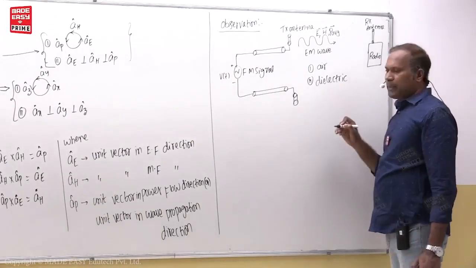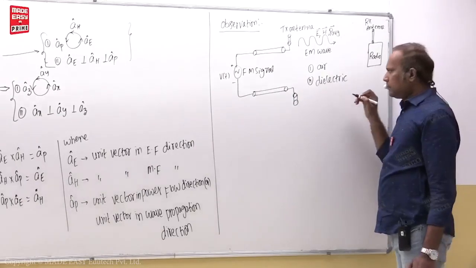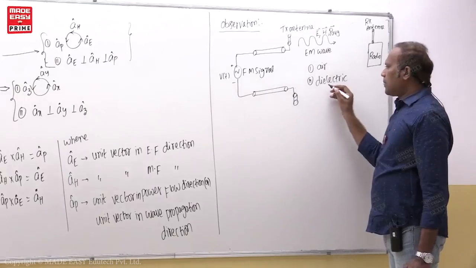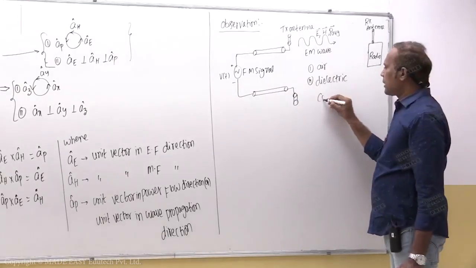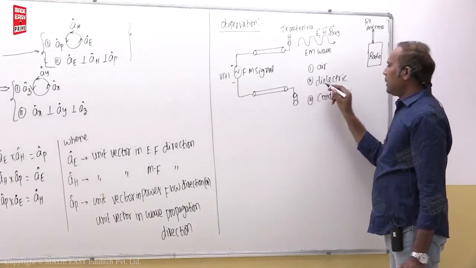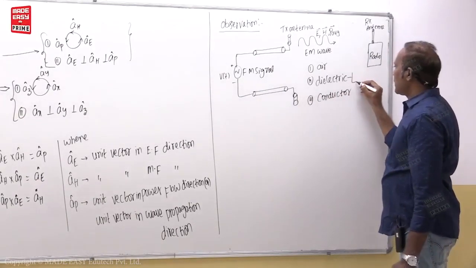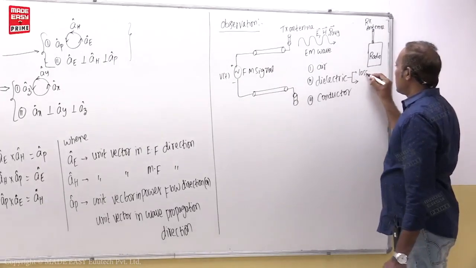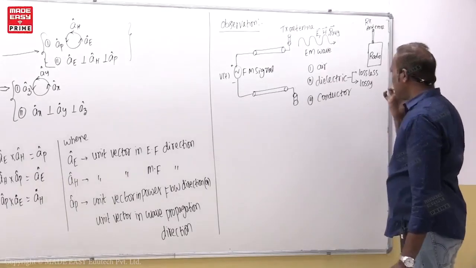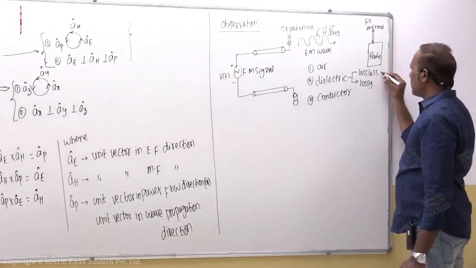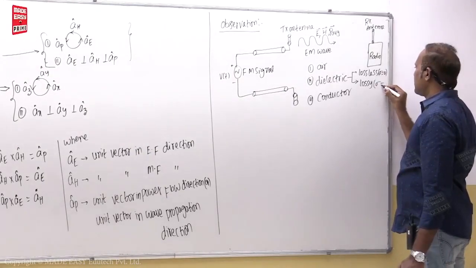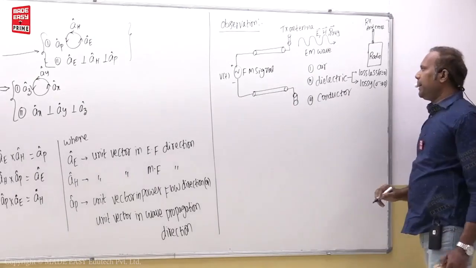If sigma is present, that means conductivity is present, that is called lossy dielectric. And conductors also present, so conductor medium. So different types of mediums are present, conductor. And dielectric, it has two types, lossy dielectric and lossless. Lossless dielectric means sigma is equal to 0, and lossy dielectric means sigma not 0, and conductor medium.